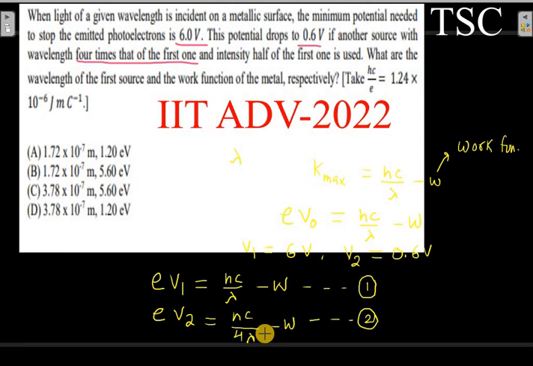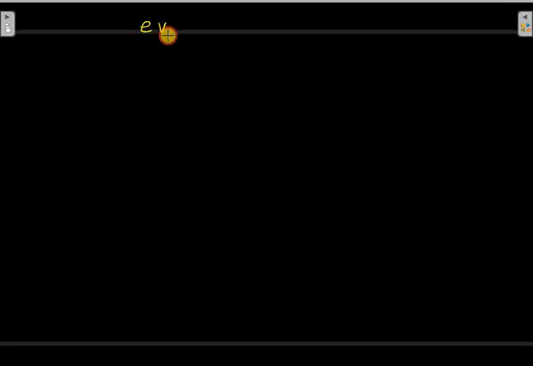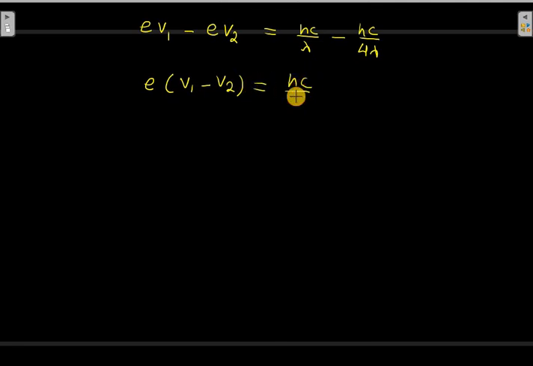If we subtract equation second from first, we can write eV1 minus eV2 will be equal to hc upon lambda minus hc upon 4 lambda, or we can write e into V1 minus V2 will be equal to hc upon lambda multiplied by 1 minus 1 by 4, or that can be written as e into V1 minus V2 will be equal to hc upon lambda multiplied by 3 by 4.